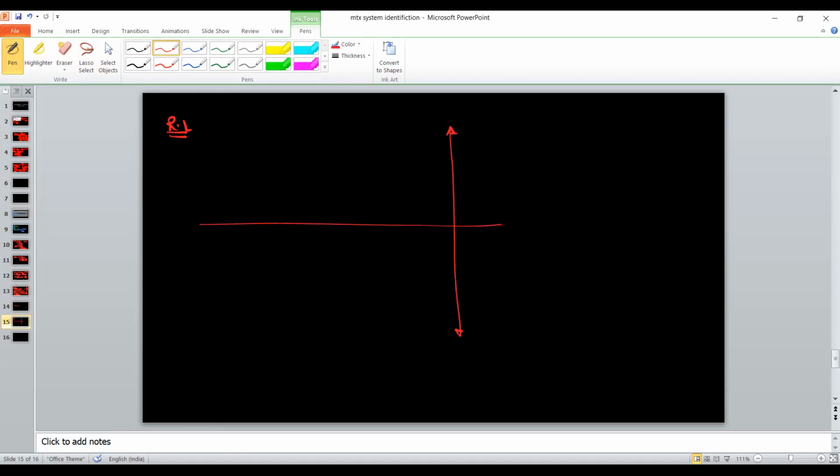So the complete root locus will have the nature like this. This is the first pole, that is S1, this is second pole.